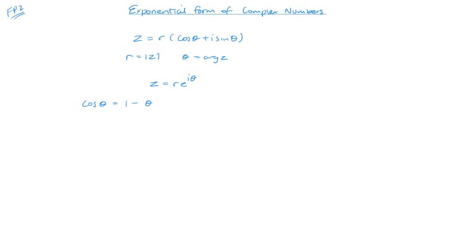So 1 minus theta squared over 2 factorial plus theta to the 4 over 4 factorial minus theta to the 6 over 6 factorial, and so on, all the way up to minus 1 to the power r, theta to the 2r over 2r factorial, and it does keep on going.